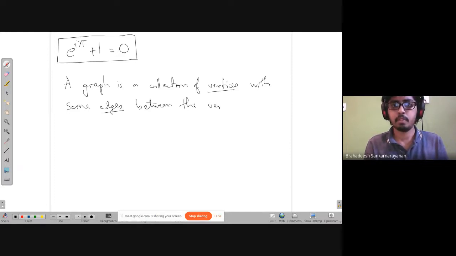If you want a picture, here, for instance, is a graph. Here are some 1, 2, 3, 4, 5, 6, 7 vertices. Following is a graph. Pretty bad edge.